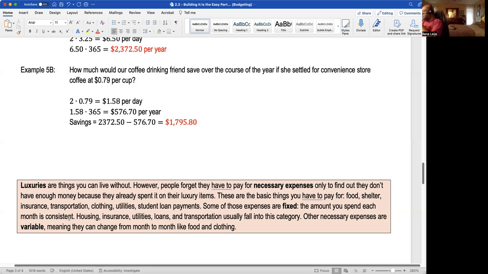Your insurance is usually fixed. Okay. So that's what that means. Housing, insurance, utility loans, and transportation usually fall into these categories. Other necessary expenses are variable, meaning they can change from month to month, like food and clothing.